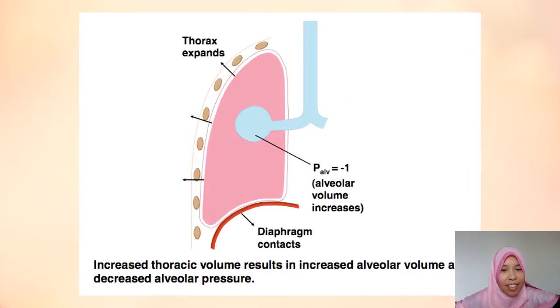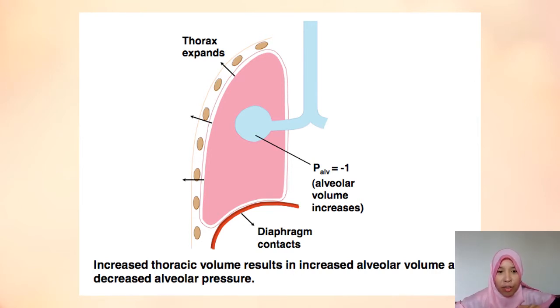Okay, so in this diagram, once the expiration has ended and there's equivalence of air concentration inside and outside, now you want to start breathing, you want to inspire, right? So at the start of inspiration, first you have to talk about the muscles, right?